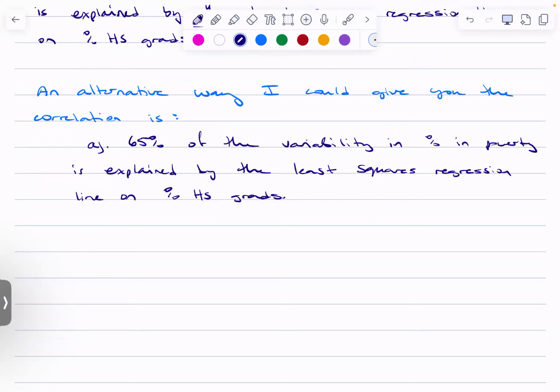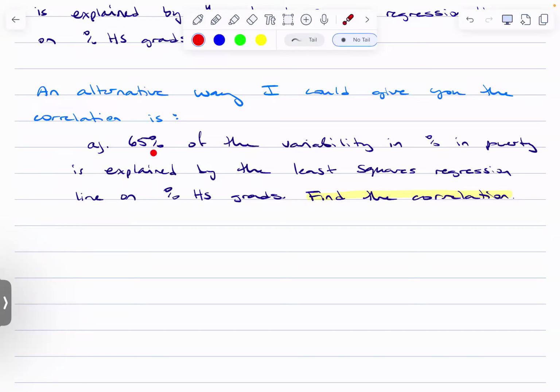Find the correlation. Right. Now I picked a new r squared just because it's just for practice.